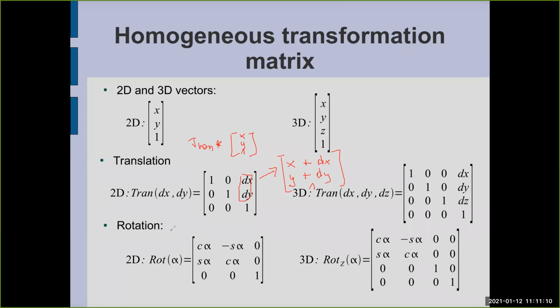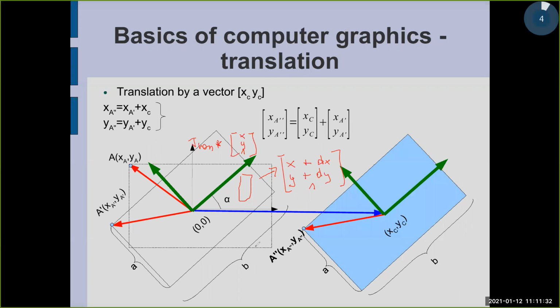When we have a pure rotation, it looks the same. We have the rotation matrix here, and the translation term is equal to 0. So I have x times cosine alpha, y times minus sine alpha, like in the previous case.